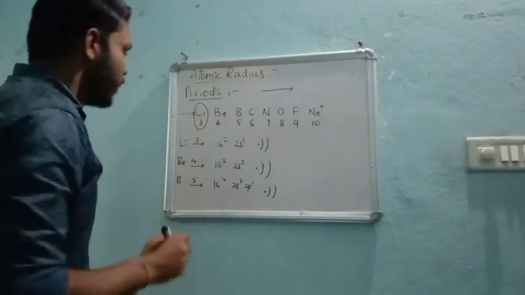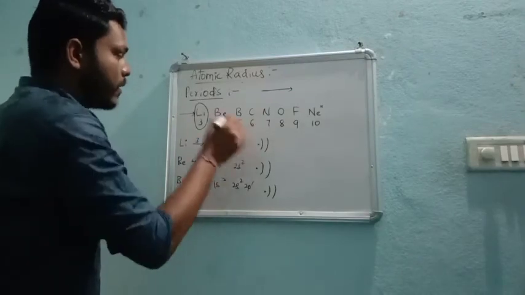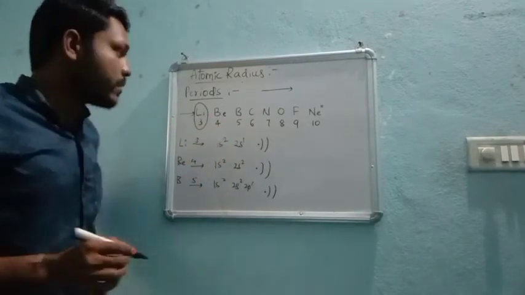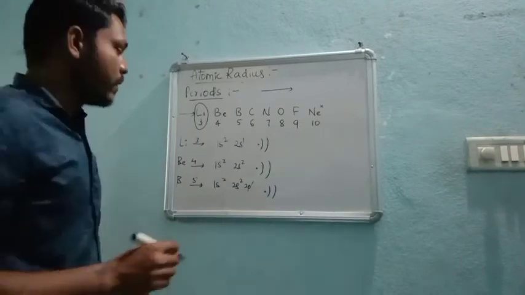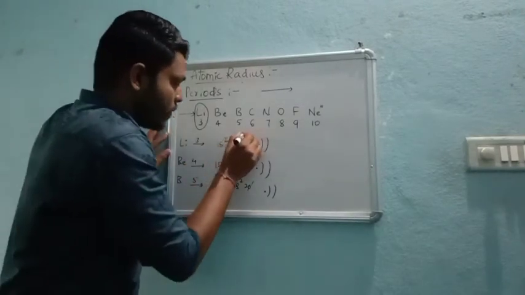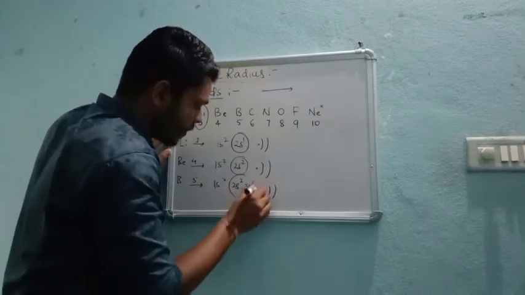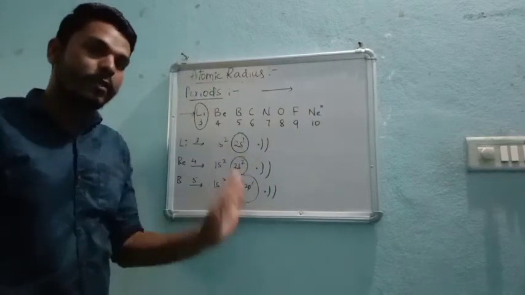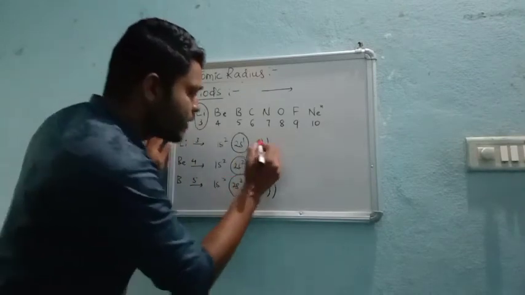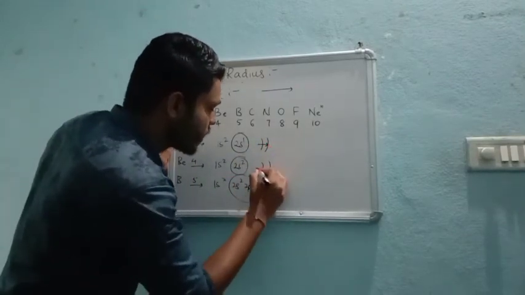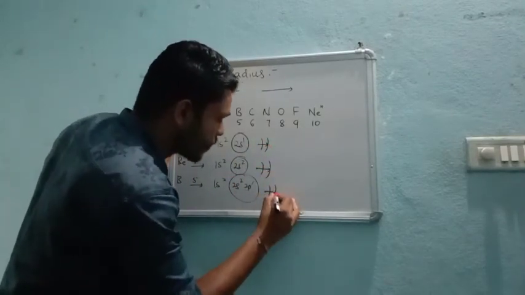Now after seeing these three examples in the period, what we are observing is that the electrons are moving into the same shell and our size is not increasing. Why? Because the shells are remaining the same.